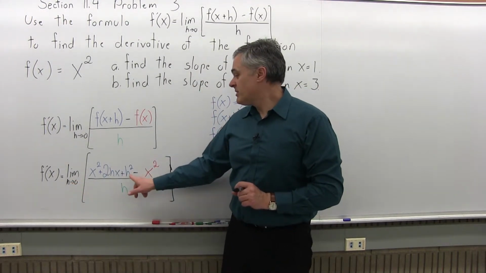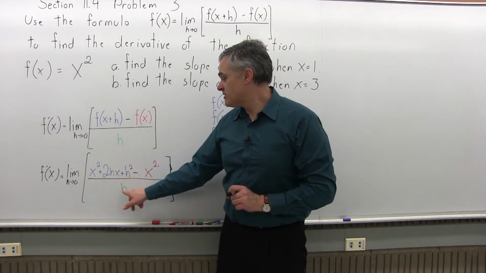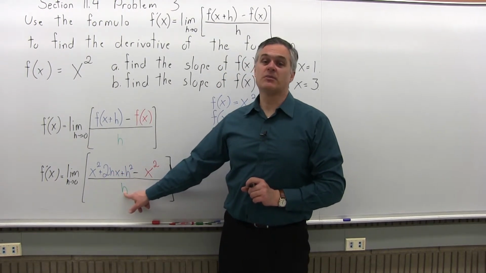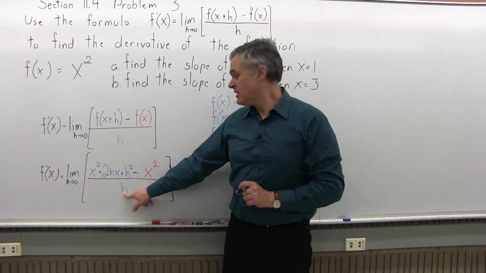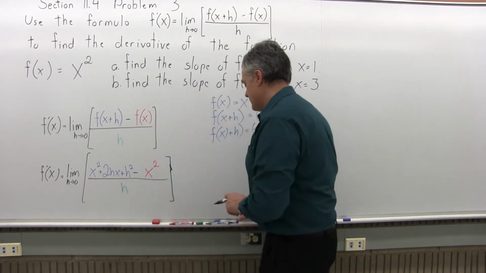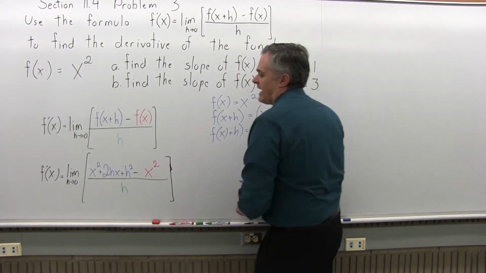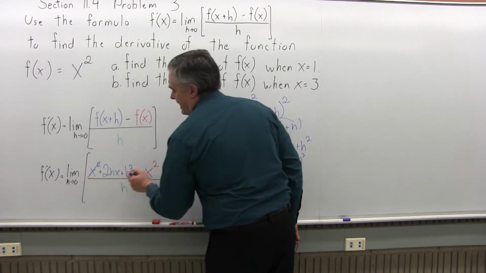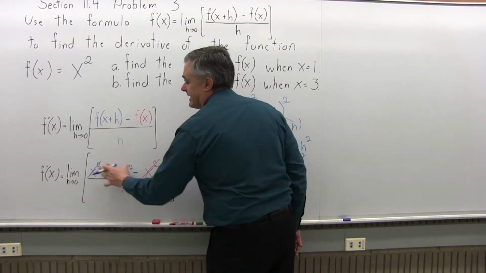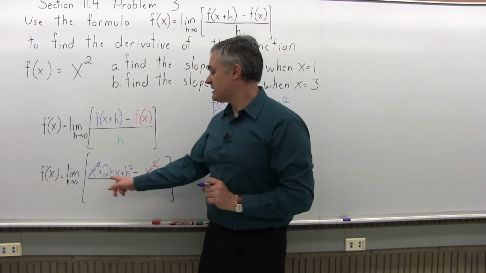And now, to find the derivative, I want to take the limit as h approaches 0. And again, the problem is, I have h's in a couple of spots. The problem is a denominator. I can't just let the denominator run down to 0 and be undefined. So what happens is, I have an x squared in the numerator and a negative x squared in the numerator. I can cancel them. And now all the pieces left have an h.